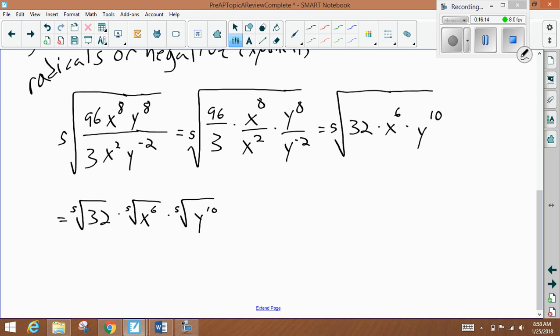I'll write it like that. And now I put these into rational exponent form. What is the fifth root of 32? 2. Sweet. And then I can write this as x to the 6/5 power. And I can write this as y to the 10/5 power. Darn it, I have one more step, and that is to simplify that fraction in the exponent for y, which makes that y squared. There we go. Done.